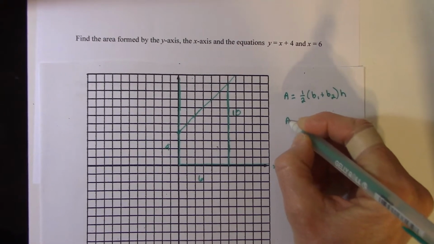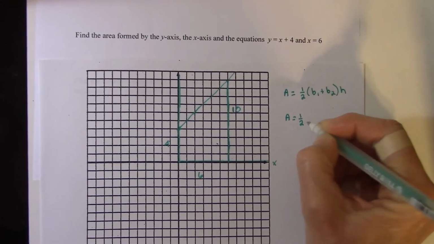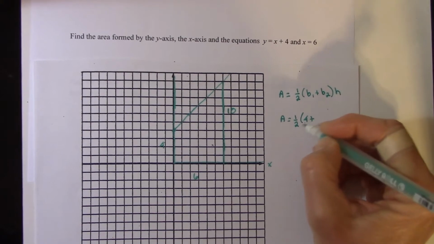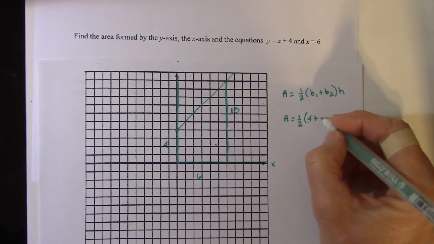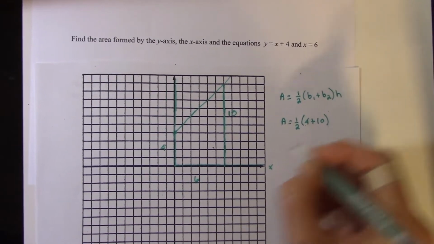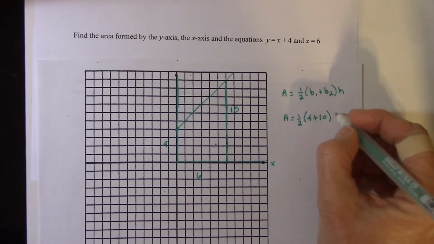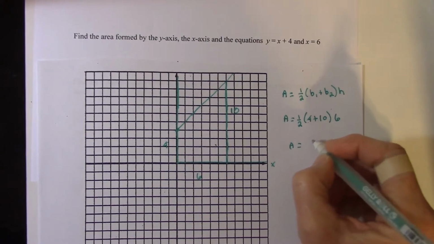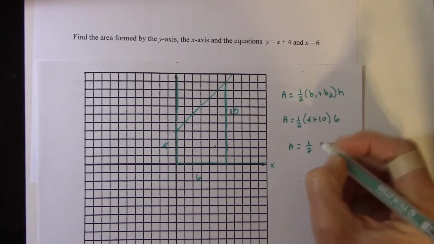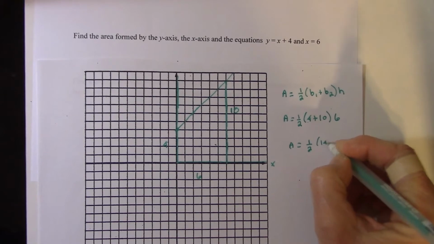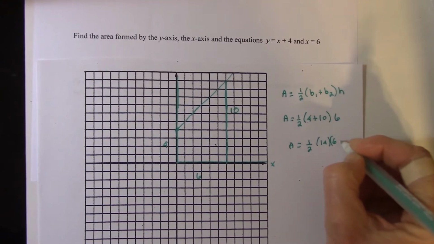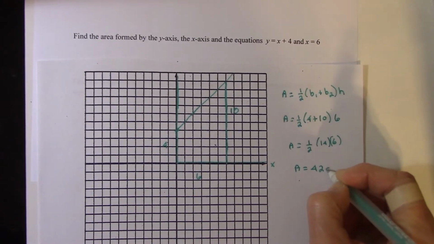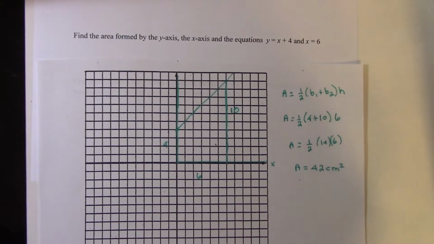So the area equals 1/2, b1 is 4, plus b2 is 10, and the height of our trapezoid is 6. So the area equals 1/2 of 14 times 6. So the area equals 42 centimeters squared.